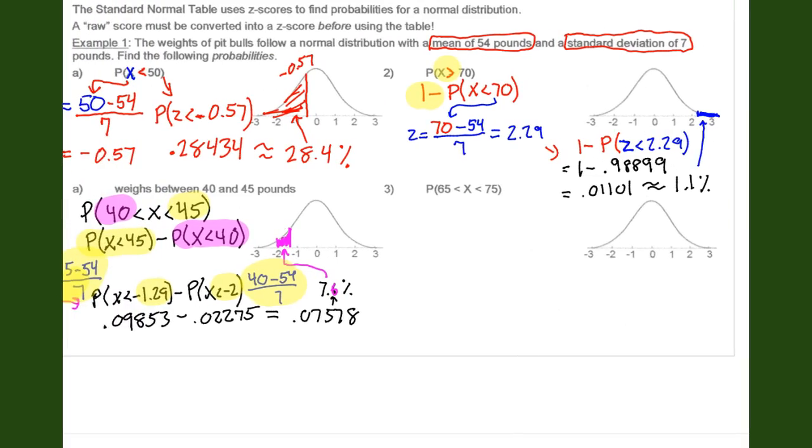All right, let me just finish them up. So big minus small. We're going to do less than 75 minus less than 65.